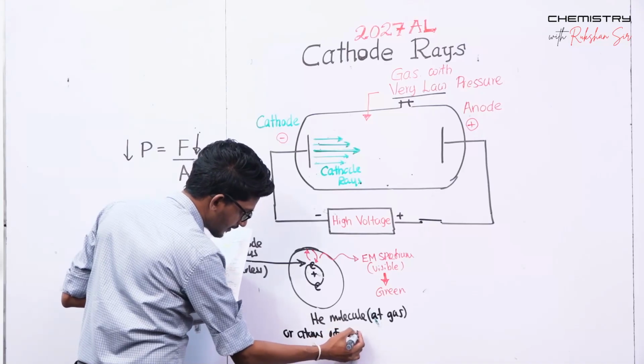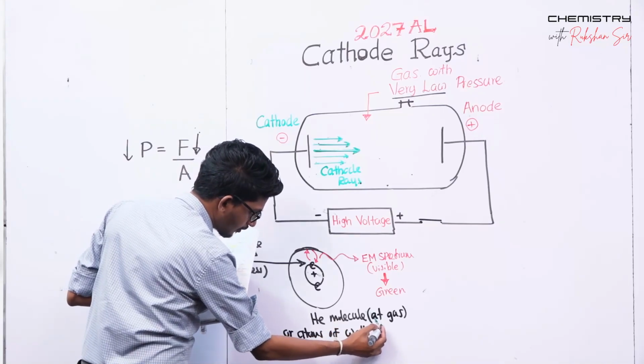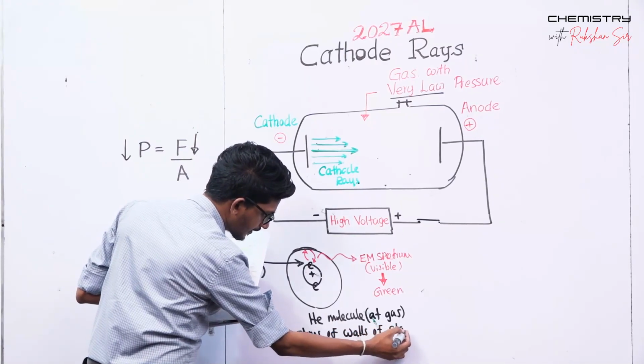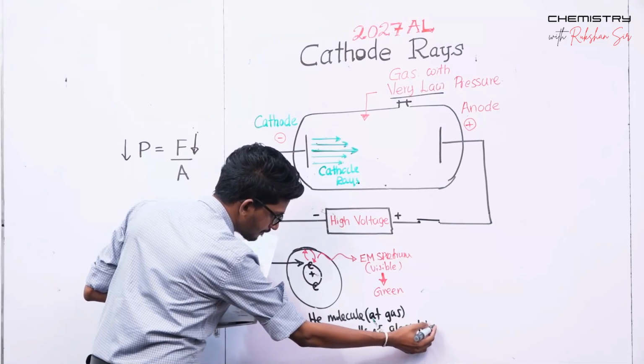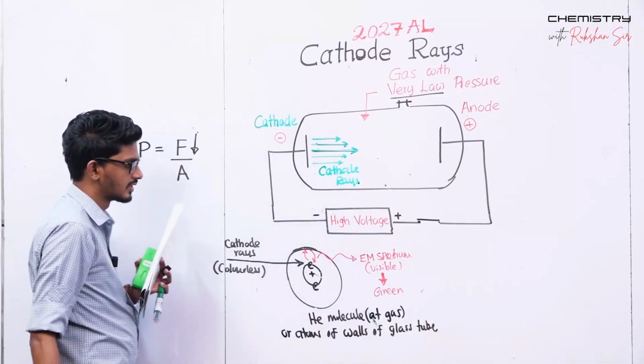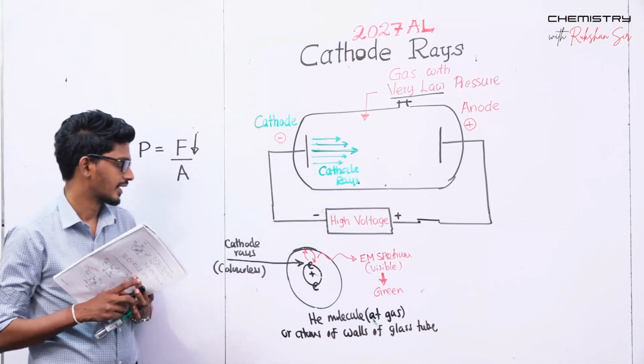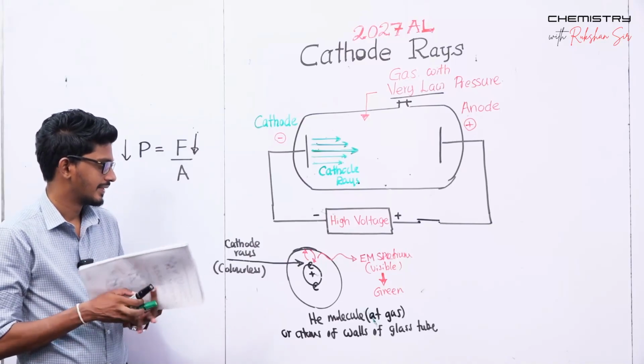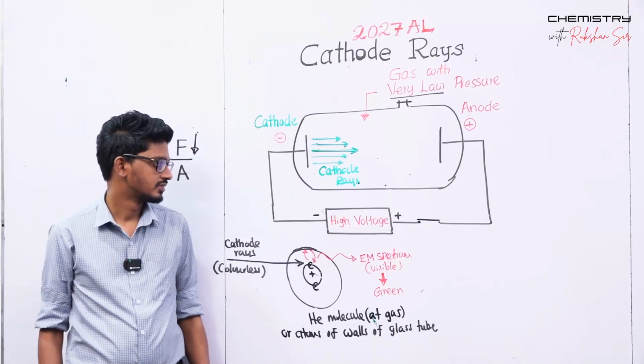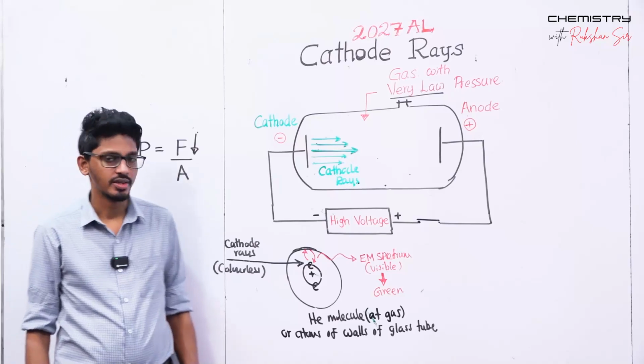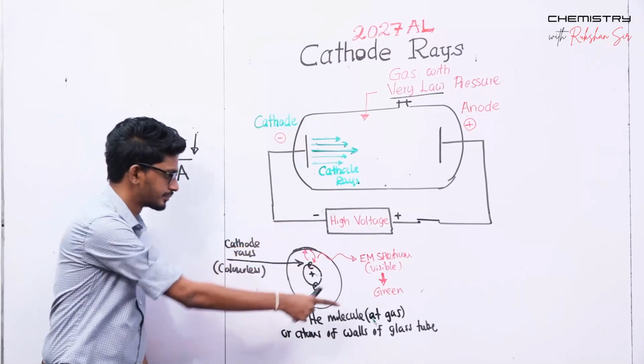It could be anything. That is how the cathode rays are able to be seen. Okay, just draw this stuff.